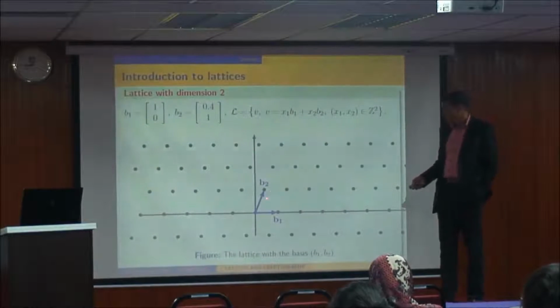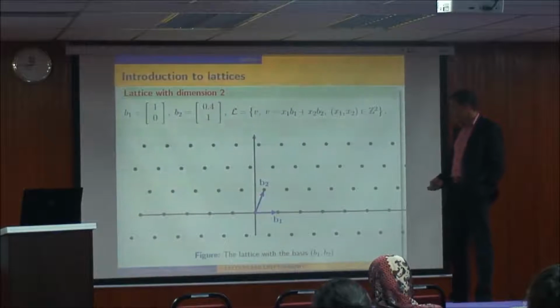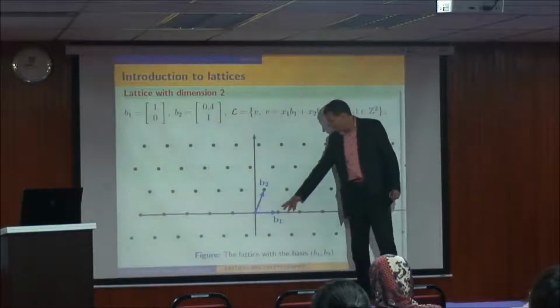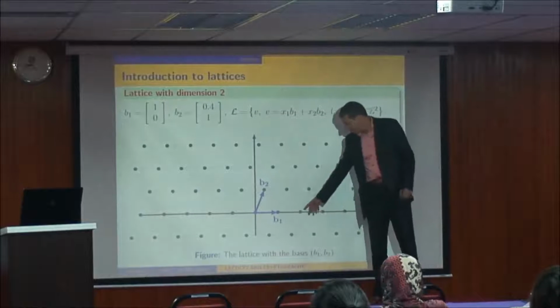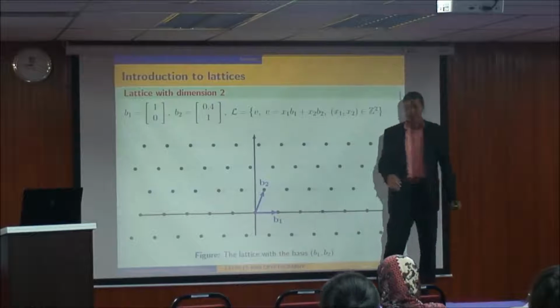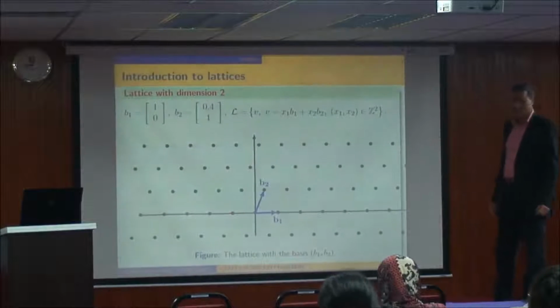If you draw these vectors, you can find that we have b1 here, we have b2 here, and, for example, b1 plus b2 will be here, and b1 plus double b2 will be here, and so on. So we are going to get only the points in this picture.